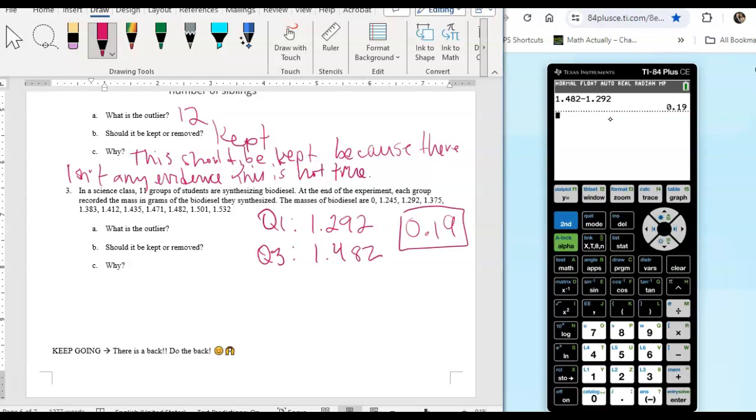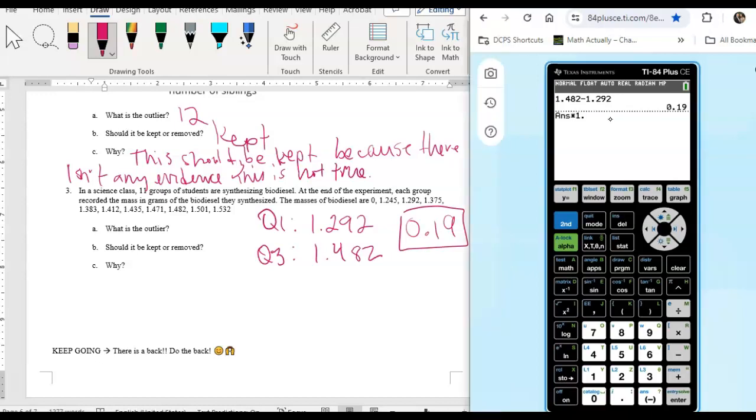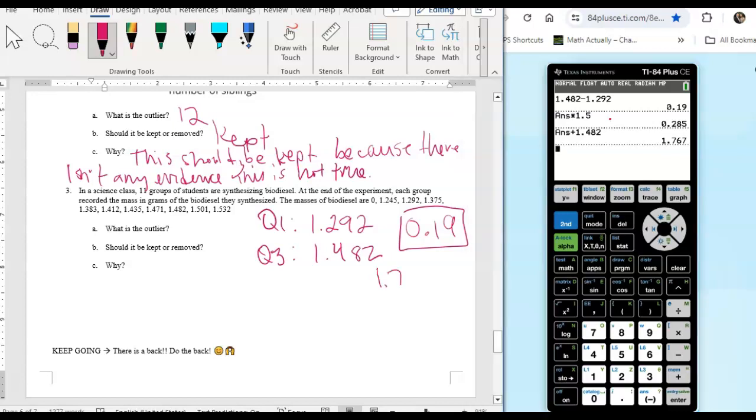And then I'm going to multiply that times 1.5, because remember, that's the number we're using to determine if something is an outlier or not. Then I'm going to add that to the third quartile, 1.482, and I get 1.767. So anything above that is an outlier.